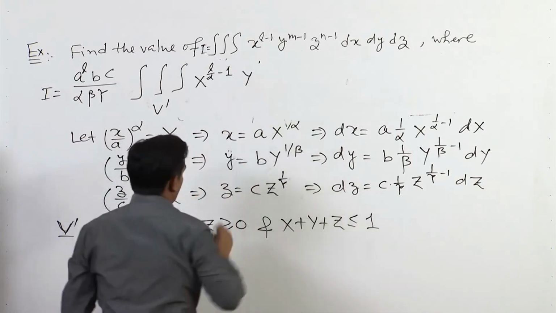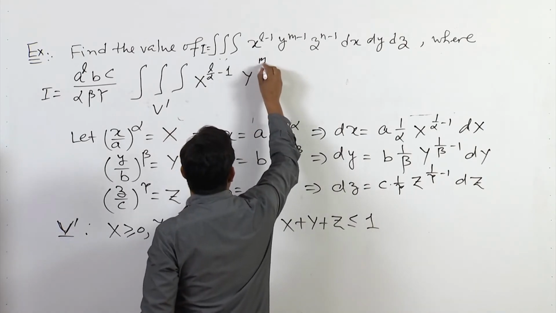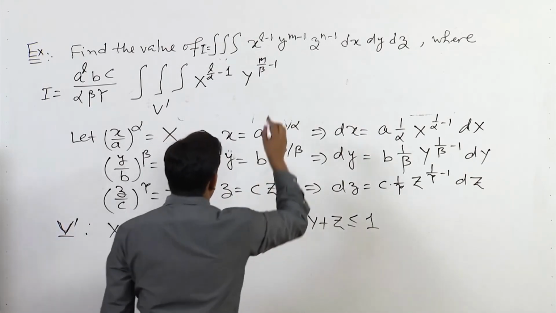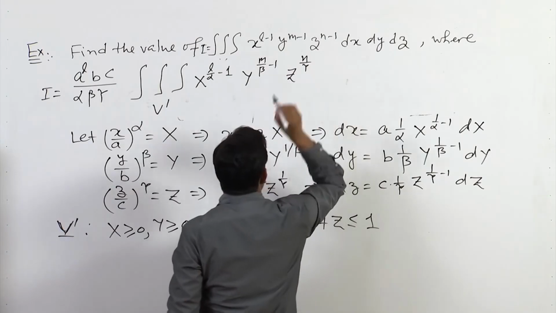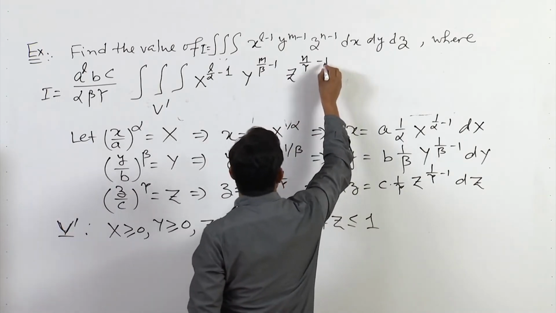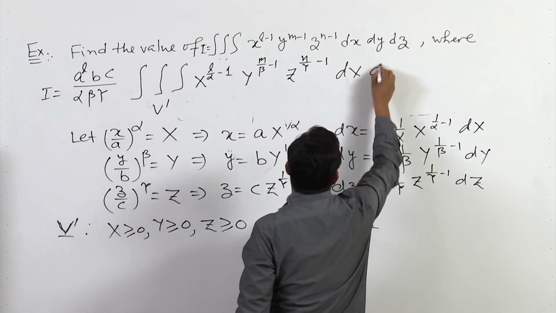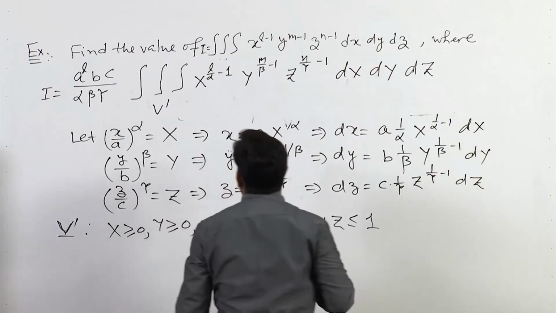Similarly, for beta I can write capital Y raised to power m upon beta minus 1, and then capital Z raised to power n upon gamma minus 1, and then dX dY dZ.